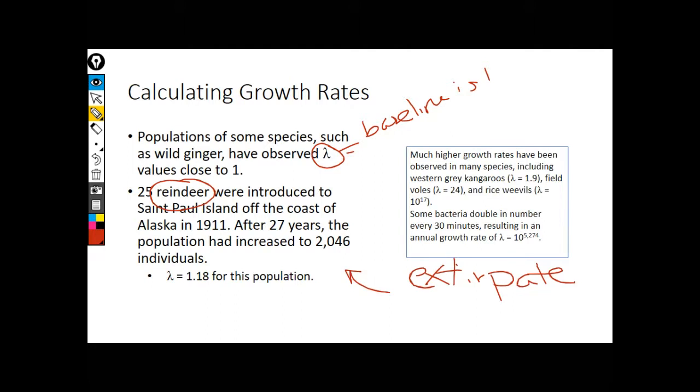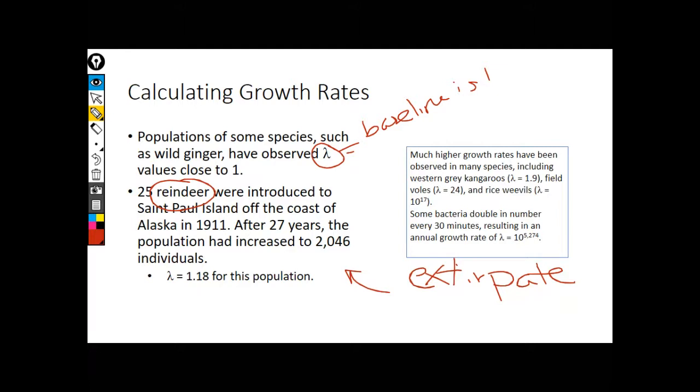The paddlefish, for example, was extirpated from West Virginia. It all died here. Paddlefish still existed, but not here. They were extirpated. So reindeer had been extirpated from St. Paul Island.